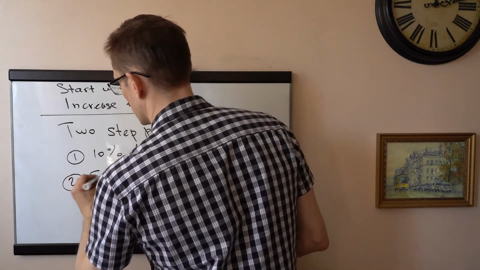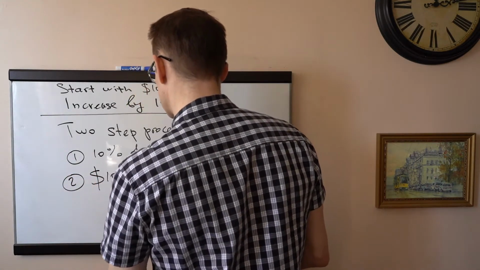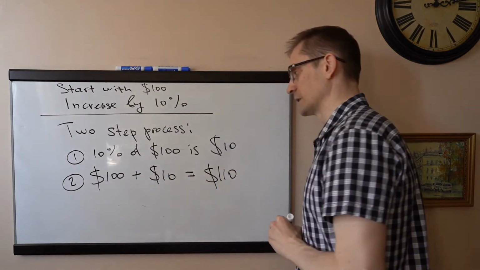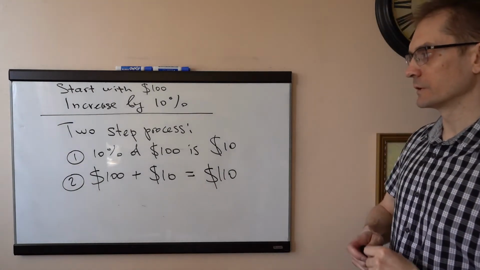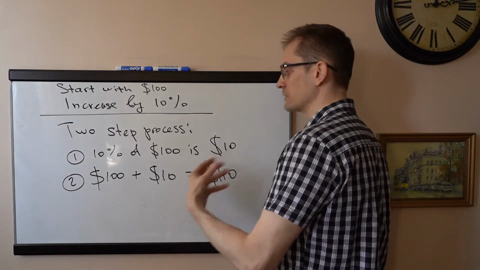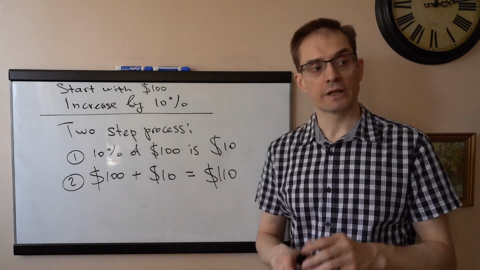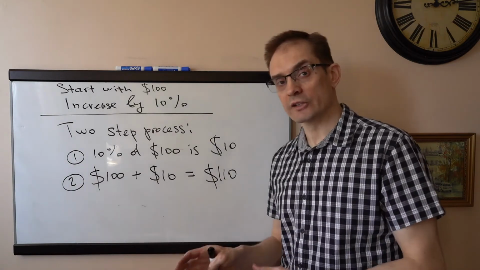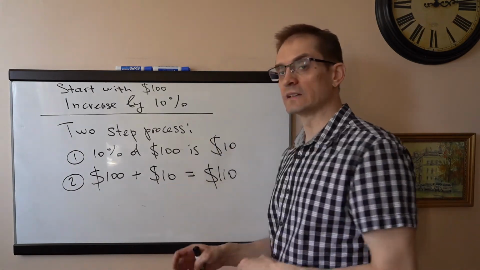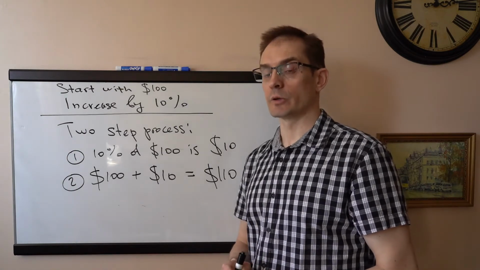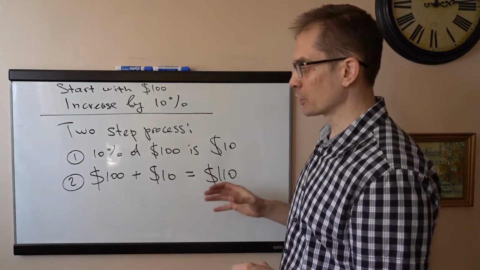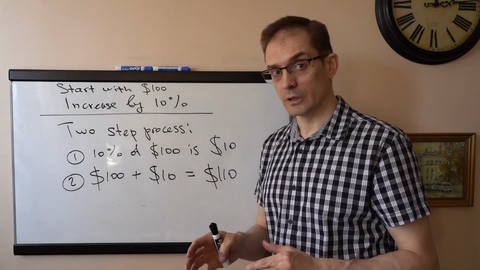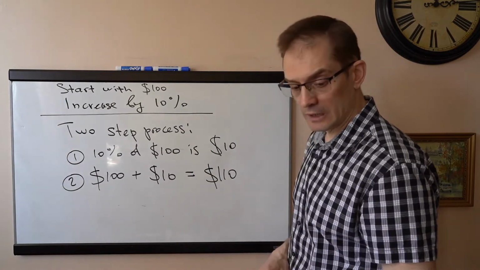Second step, you take 100 plus 10, which is 110. So there is a two-step process involved here, and that's what it means to increase by 10%. If I gave this problem to almost everybody, because our brain works that way, we would always go through that two-step process. However, that two-step process is not very good when you want to solve complicated problems. Okay, I'll explain why.